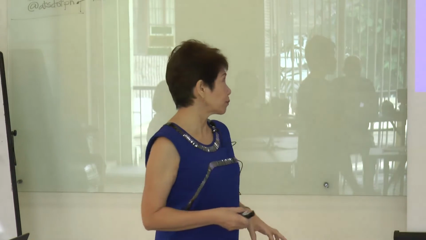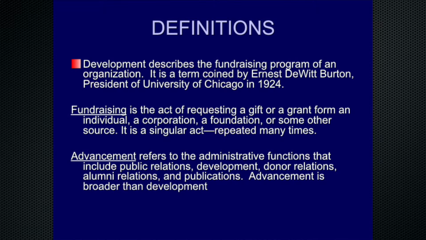It can be from groups of people, from individuals, from corporations, and it's a singular act that you do several times. Some would write fundraising letters 12 times a year. That's one fundraising letter every month. Churches pass the offering bags 52 times a year, right?